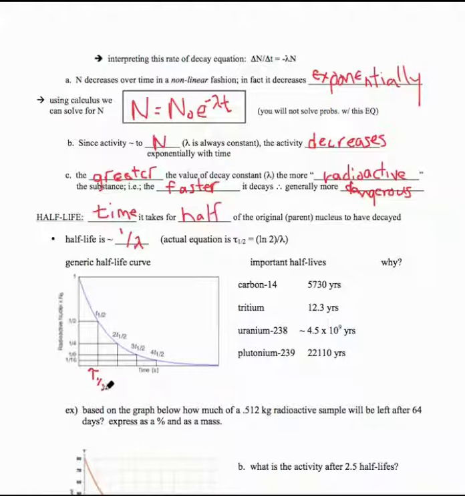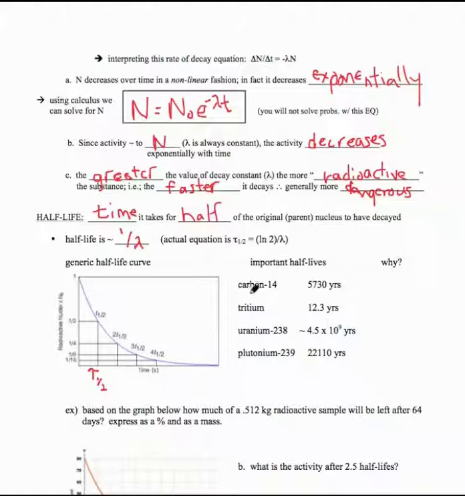Then with the successive ones, we go to a quarter, that's 2 half-lives, an eighth, 3, a 16th, 4, and so on and so forth. In theory, you never get down to 0 radioactive nuclei left. It's always half and half and half. But for all intents and purposes, when you get down to, let's say, a few thousand nuclei, that's essentially nothing compared to the billions you might have started with.